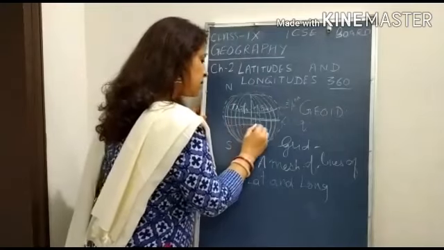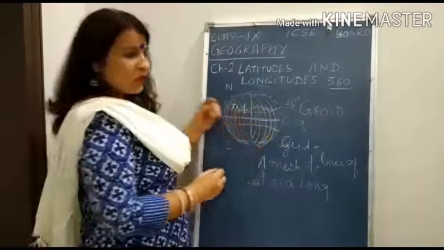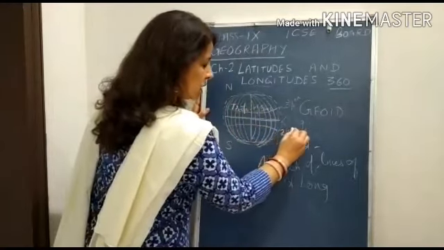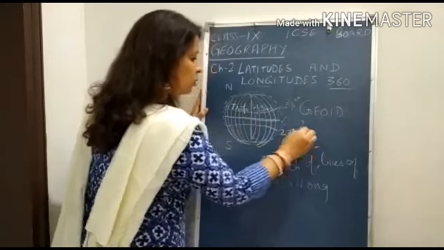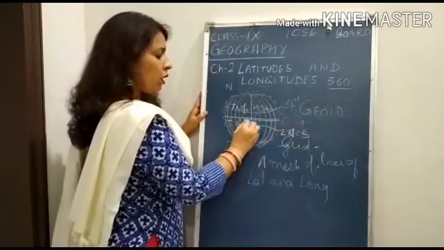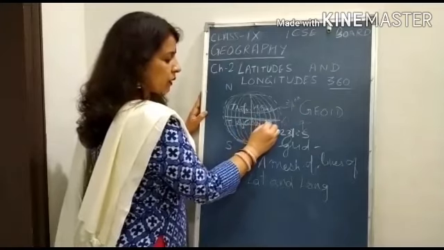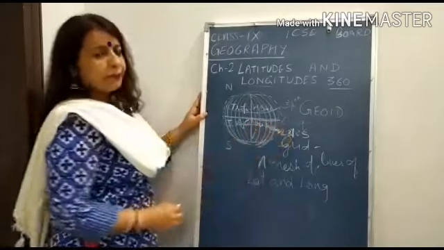Same way in the southern hemisphere at 23.5 degrees south, we have the Tropic of Capricorn.